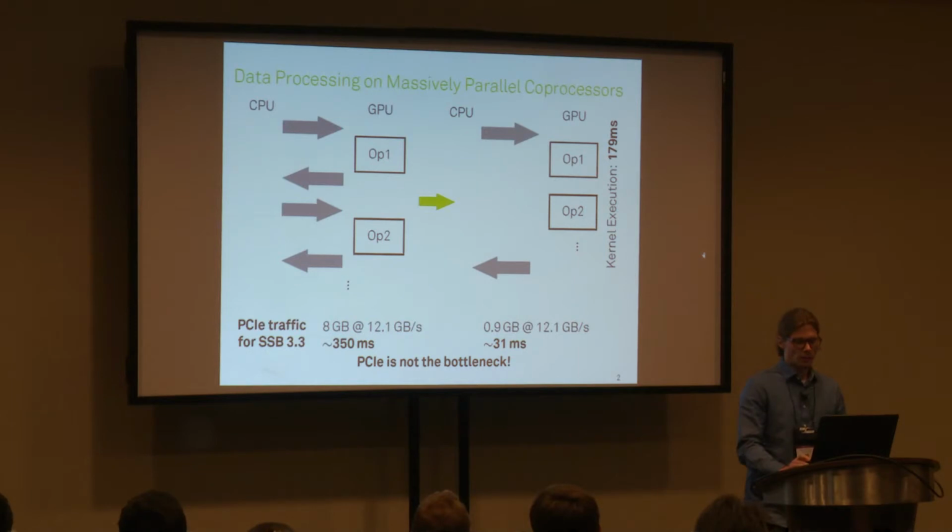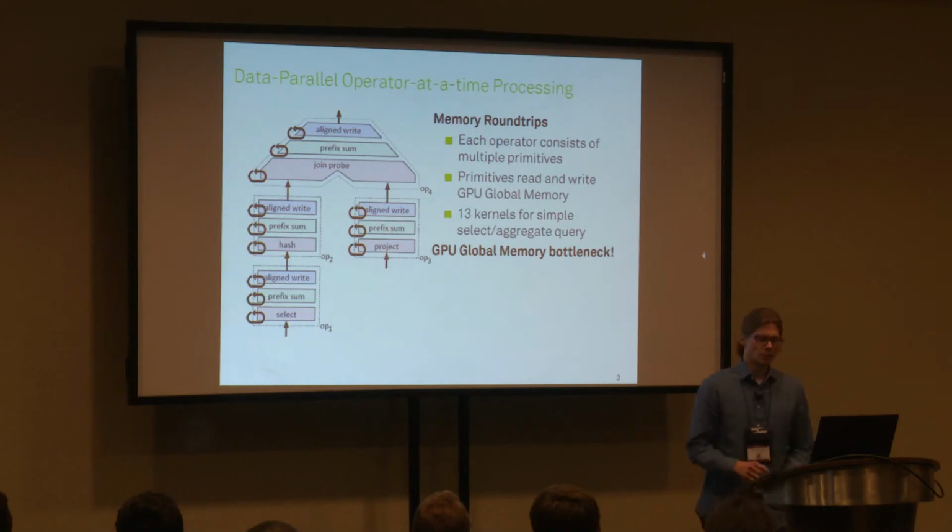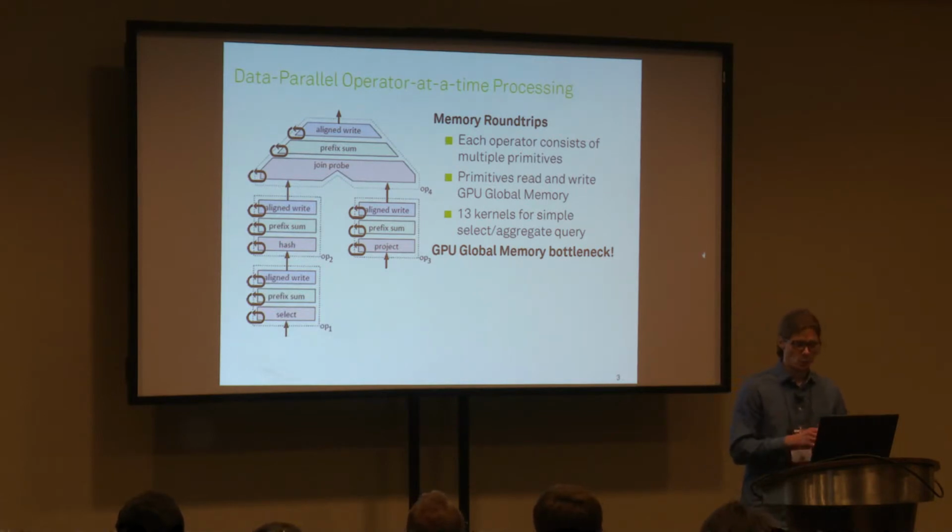So why does the kernel execution take so much time? As I said, each relational operator is usually implemented from sub-operators that are necessary to work in data parallel. Each of these sub-operators has its individual global memory I/O to the memory on the coprocessor.